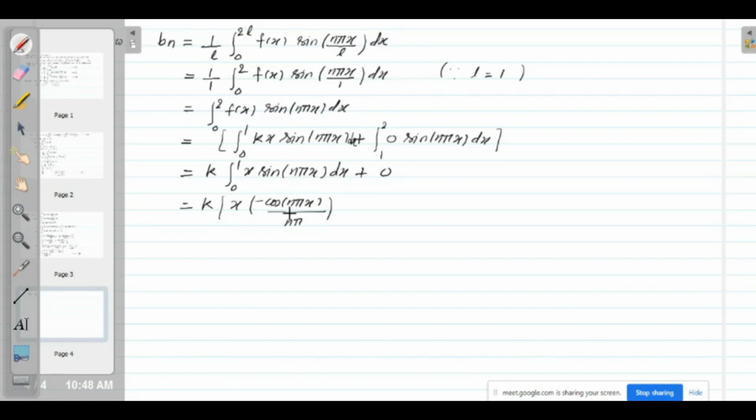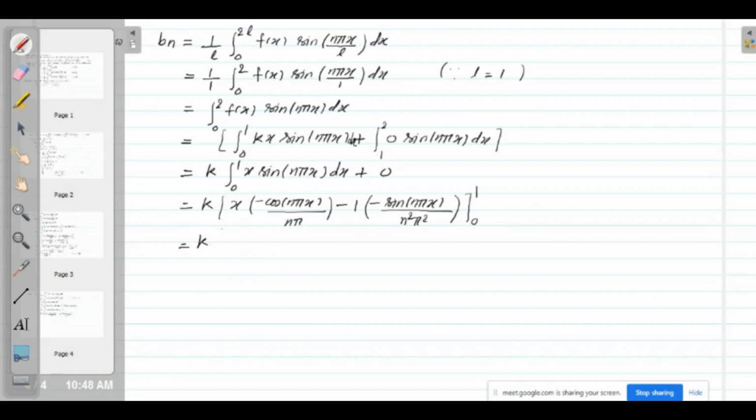And the derivative of x is 1, and integration of cos is sine, but the minus sign is here, so we write minus sine n pi x divided by its coefficient n pi, but n pi is already multiplied here, so this becomes n squared pi squared. Just close the bracket and provide limit 0 to 1. Before applying the limit we must simplify the bracket first, then we will apply the limit.